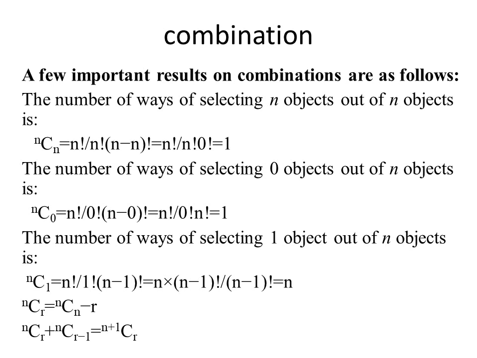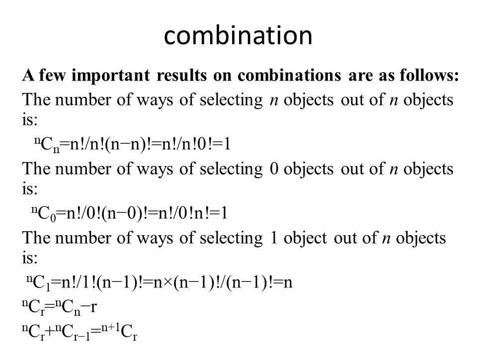The number of ways of selecting one object out of n objects is nC1, that is n factorial over 1 factorial into n minus 1 factorial, that is n into n minus 1 factorial by n minus 1 factorial, that is equal to n.